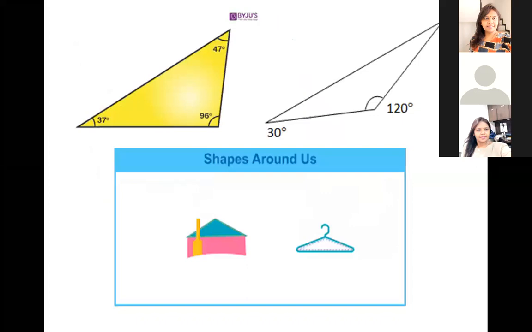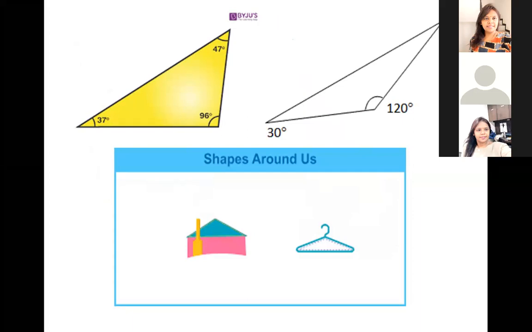Here are some examples of the obtuse triangle. Obtuse means at least one angle is greater than 90. So here the 96 is greater than 90. The next figure has 120. It's an example of the obtuse triangle. Here some shapes are given around us.